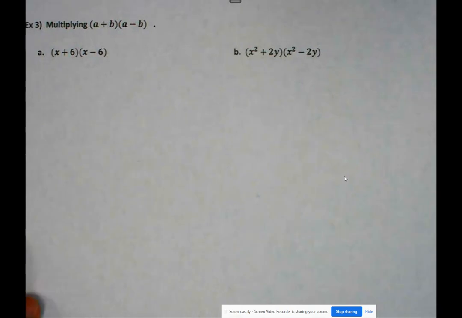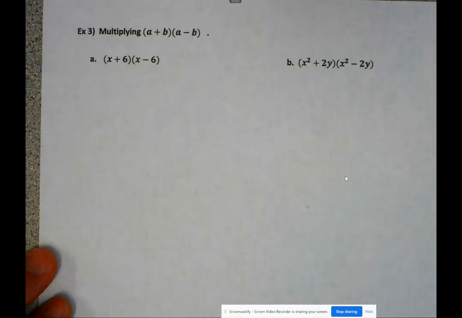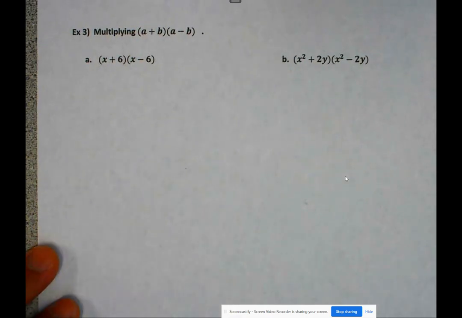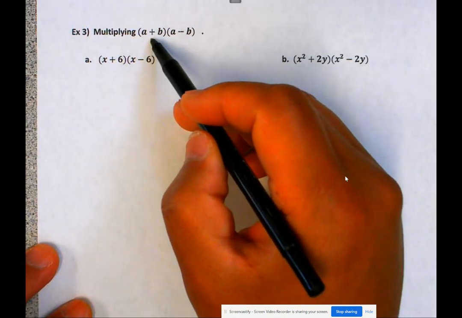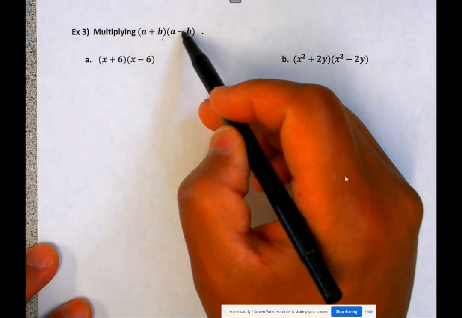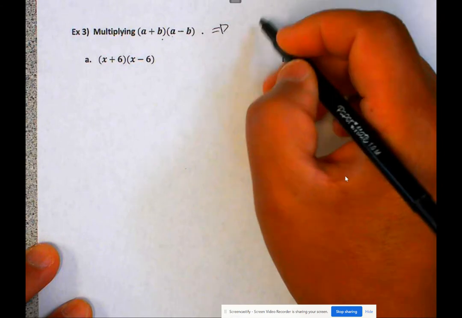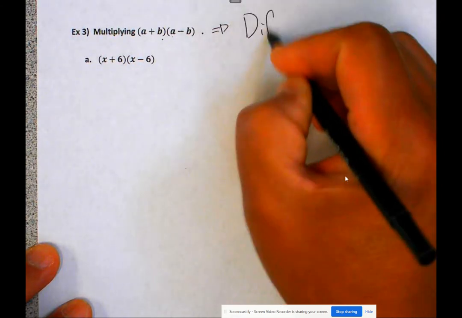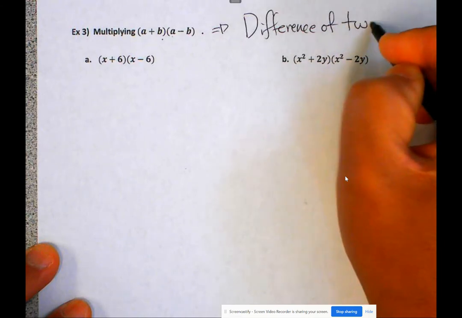Alright, let's go to the very last page. Okay, whenever you multiply a plus b times a minus b, this one is called the difference of two squares.